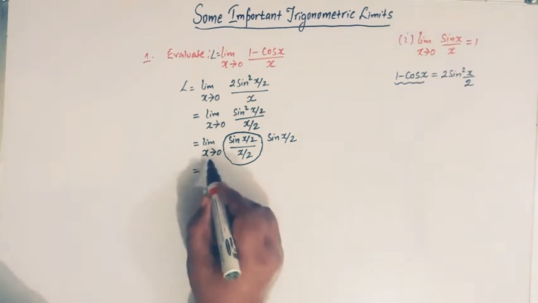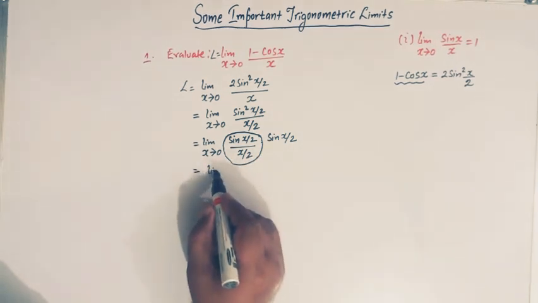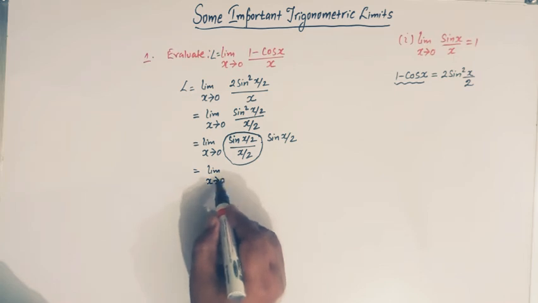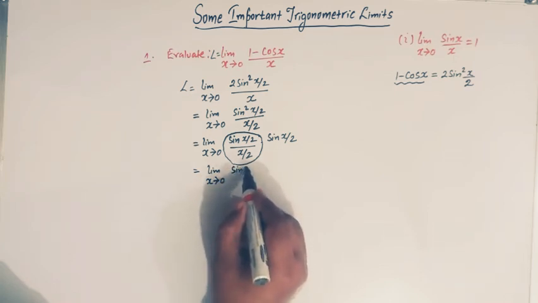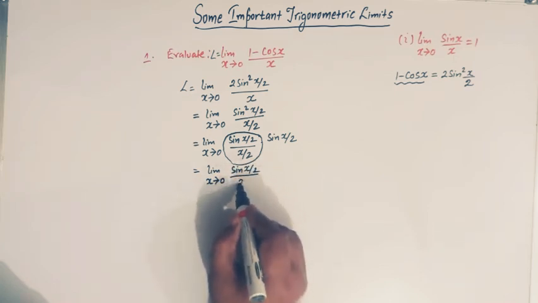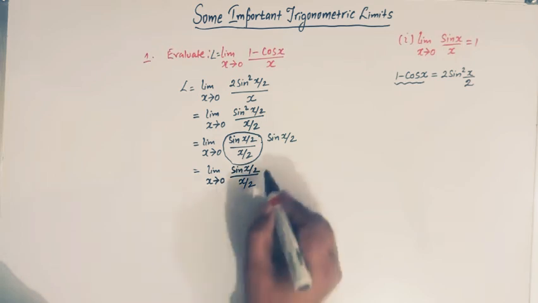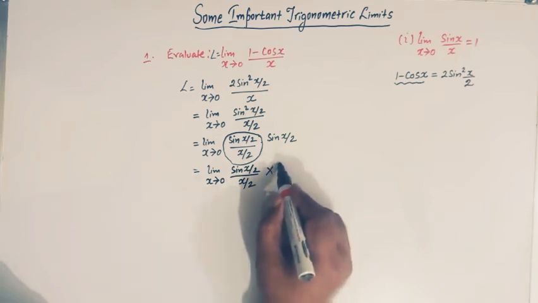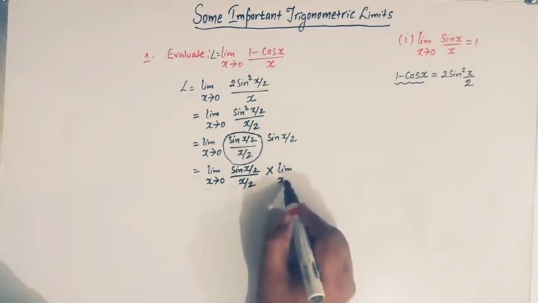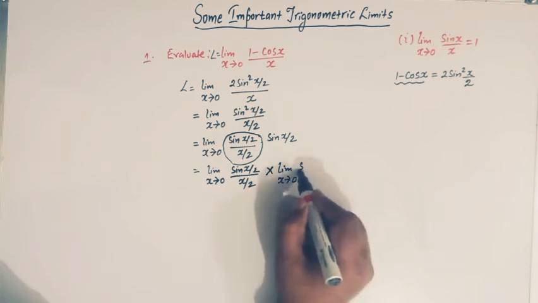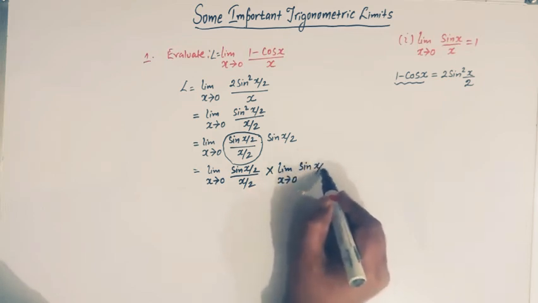Now this can be written as the limit x tends to 0 sine x by 2 divided by x by 2 multiplied by limit x tends to 0 sine x by 2.